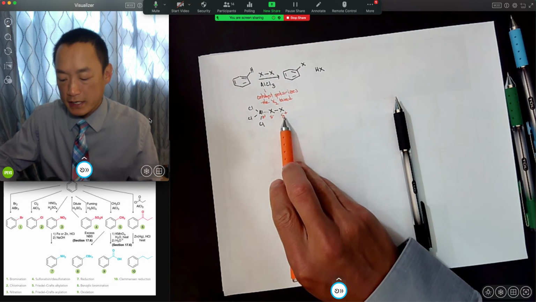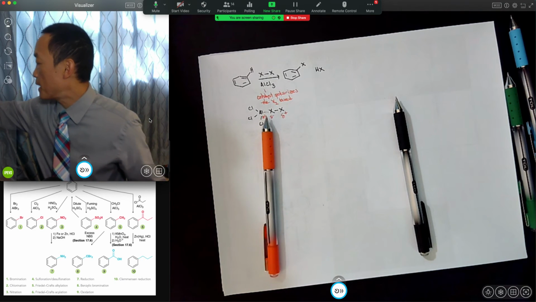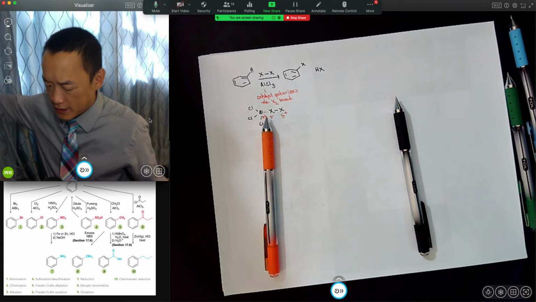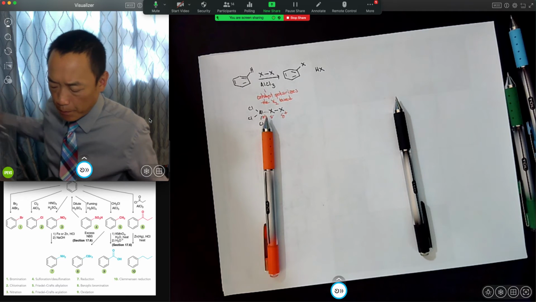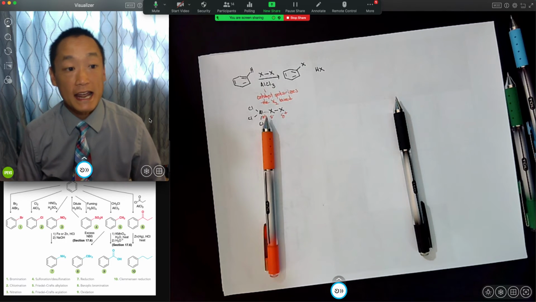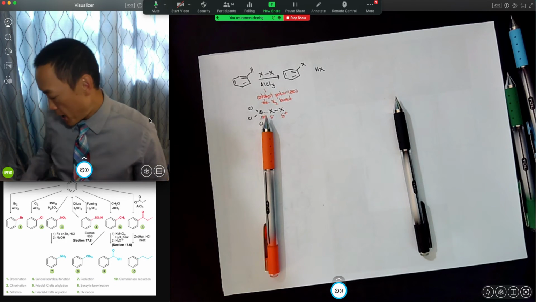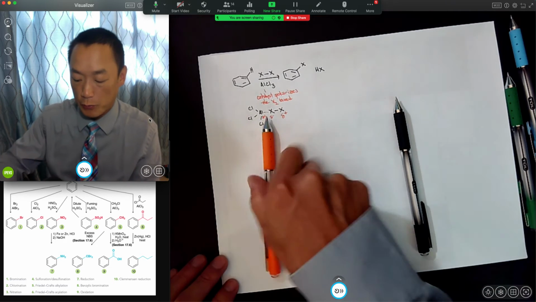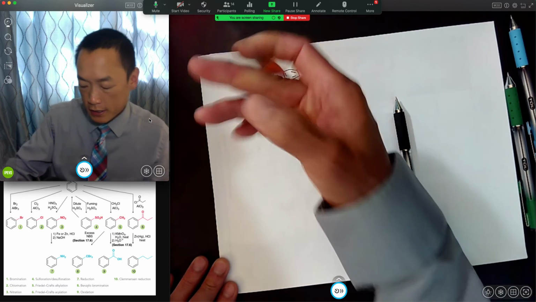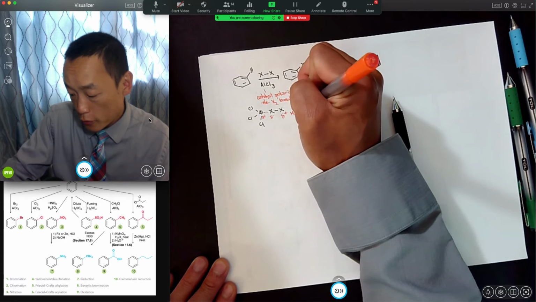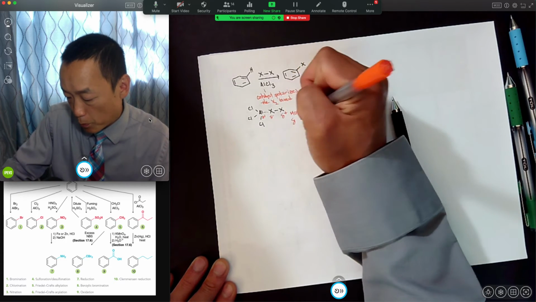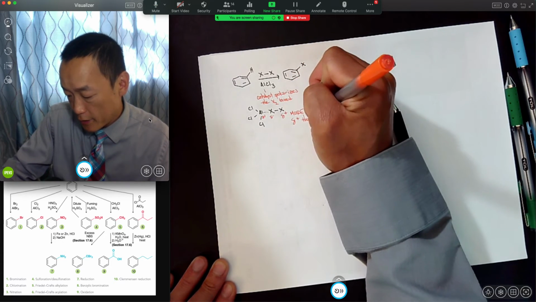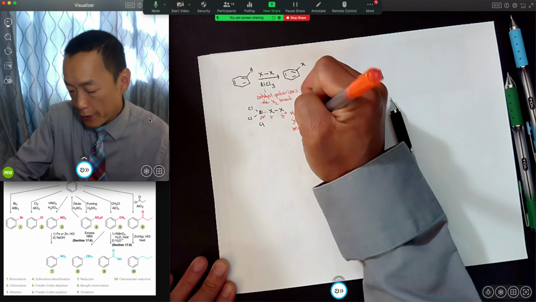By polarizing a bond, what I mean is that the bond becomes more dynamically skewed between the positive and negative portions when we add that AlCl3. This is now more partial positive than before. And that's all that's happened.